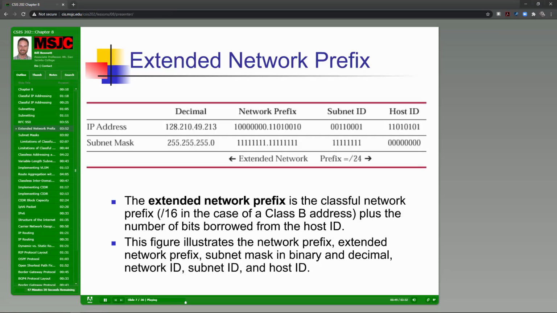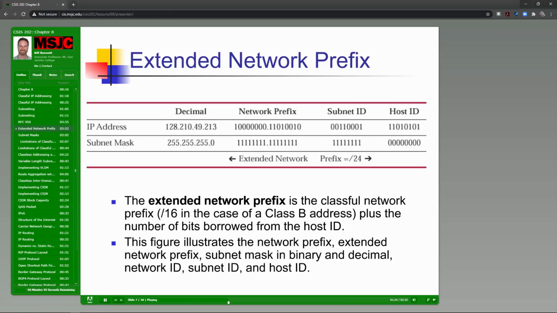So in this particular example, what they're saying is that the first 2 octets represent the whole network, and then the individual segments inside of the organization that make up the sub-networks of the larger organization's network, those are going to be the subnets. And so the first 2 octets are the network, the 3rd octet is used for the subnet, and then the remaining bits, the 4th octet, will be used for the host ID portion.